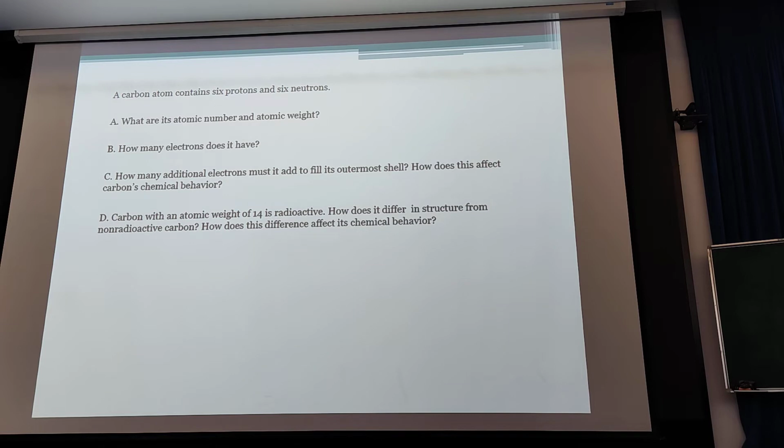Radioactive carbon has more neutrons than normal carbon, and with that, it tends to disintegrate and probably give out more neutrons than other carbons. But I want to ask about the chemical behavior.